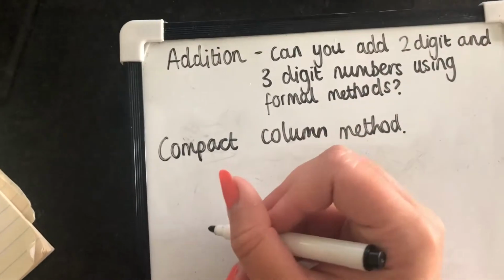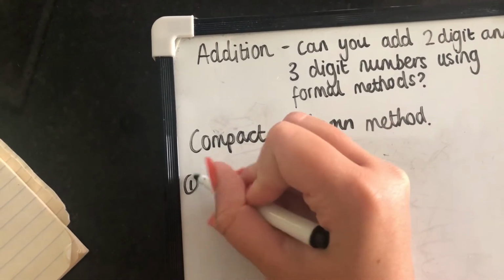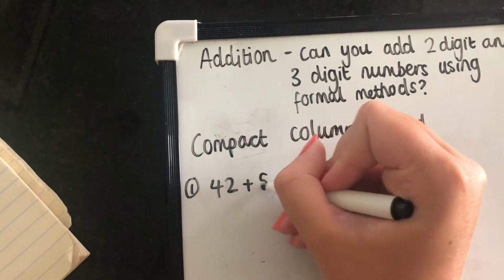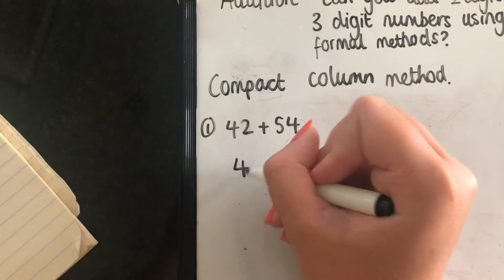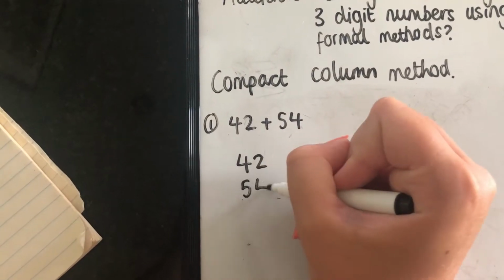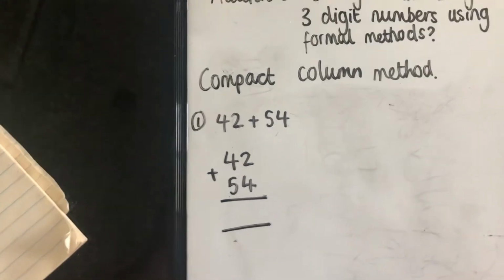Okay, so let's try our first compact one. We've got number 1, 42 add 54. It's the same principle, so we're going to add them underneath one another. Make sure we put our add sign. This time we're going to put the 2 lines ready to go.